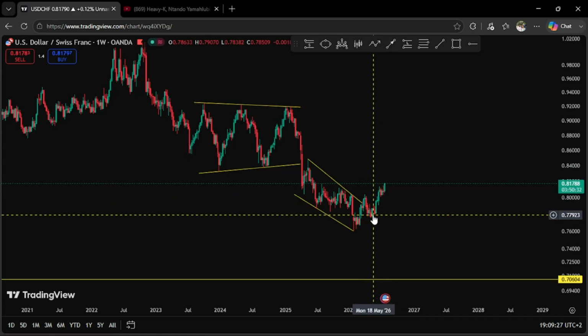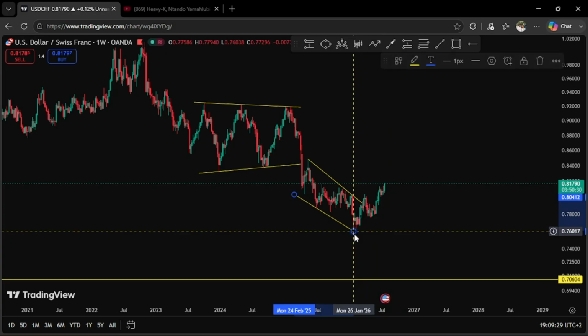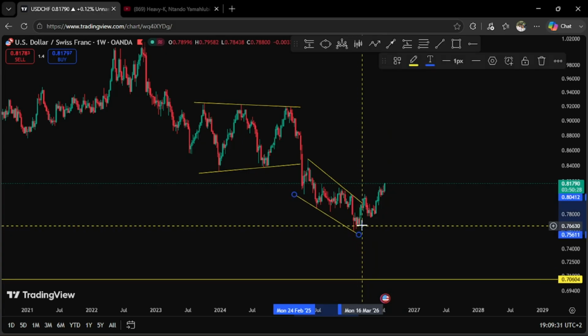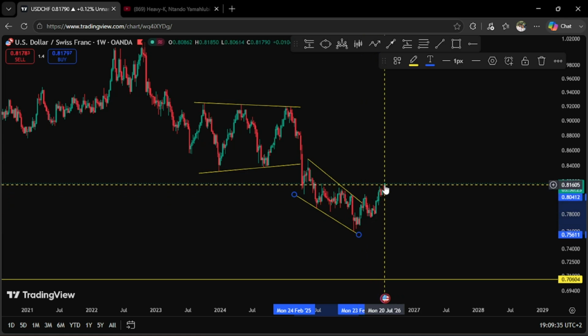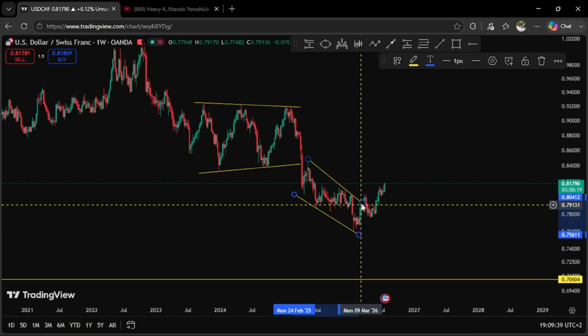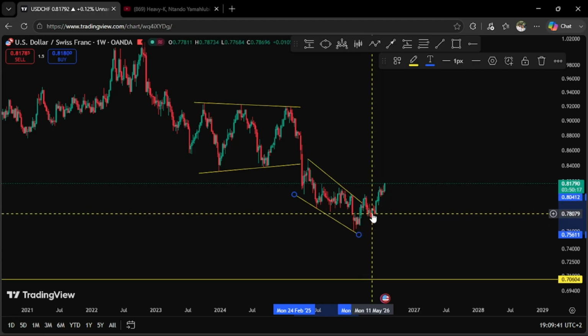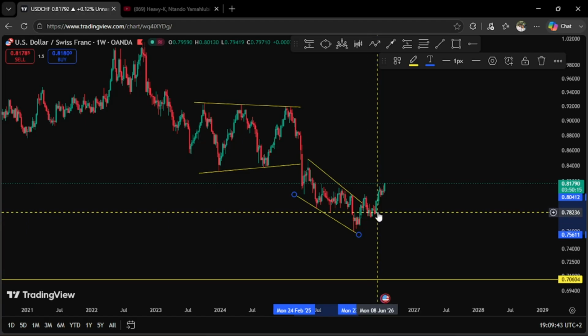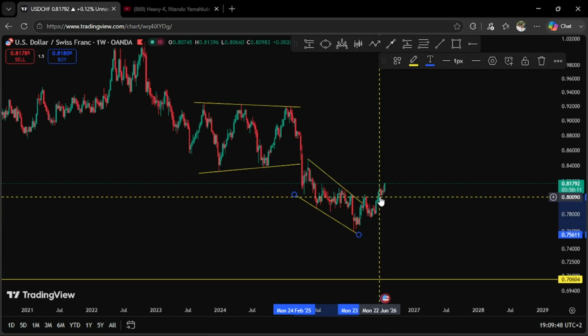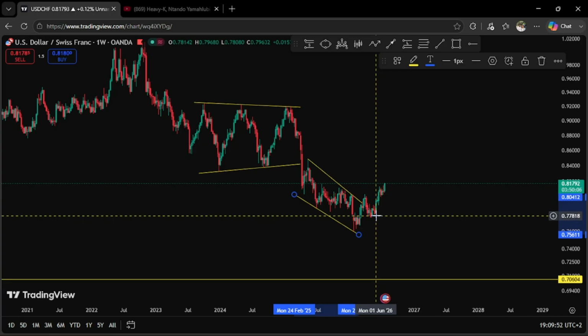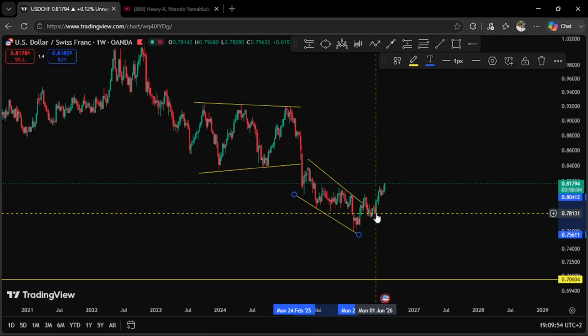Now that we know this, you can clearly see here an impulse, correction, impulse, and that's what we look for in the market. So we know that we had an impulse here, then we had the correction phase, then we had an impulse. So now we had our correction phase, and we are looking for the impulsive phase, and these are the moves you want to be in, because this move makes you more money.